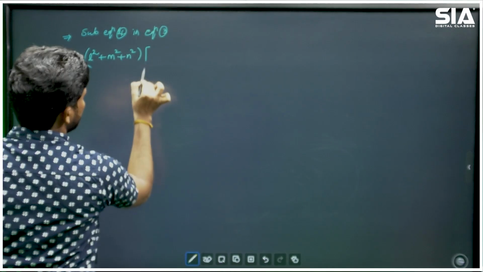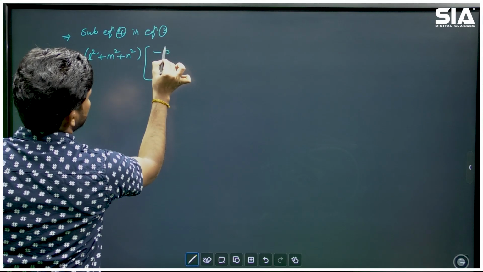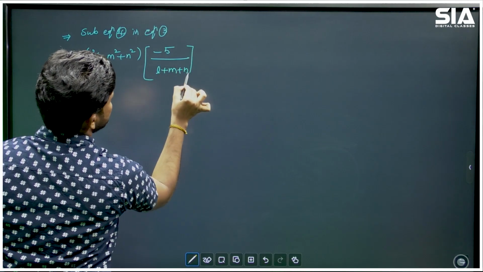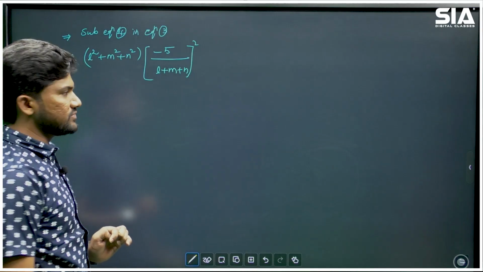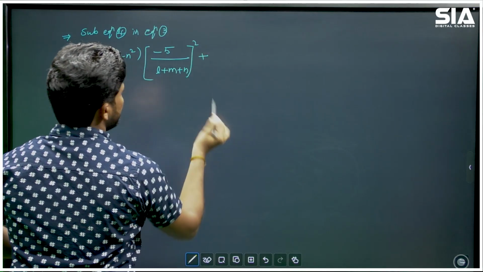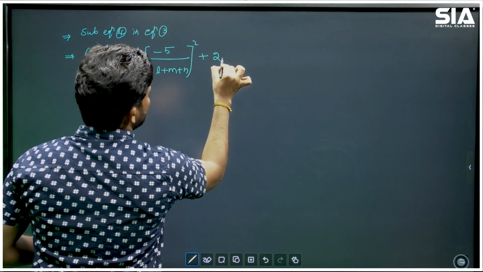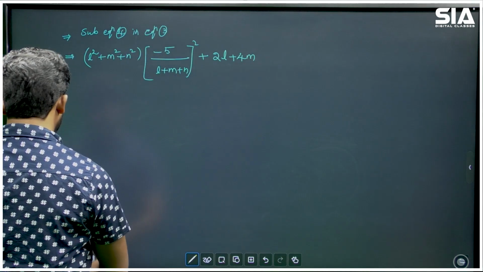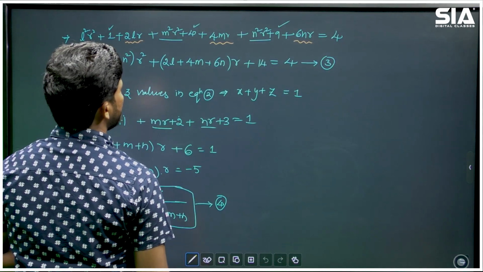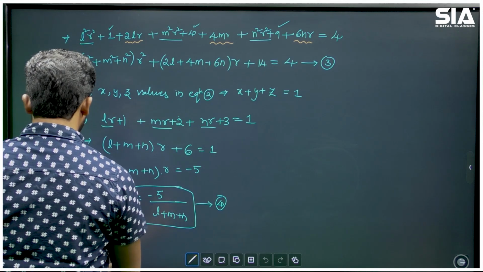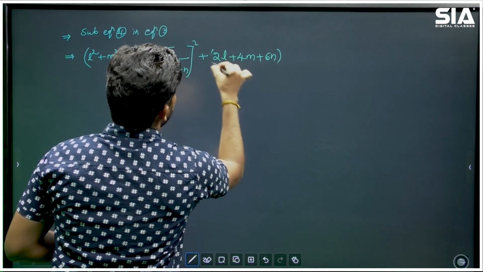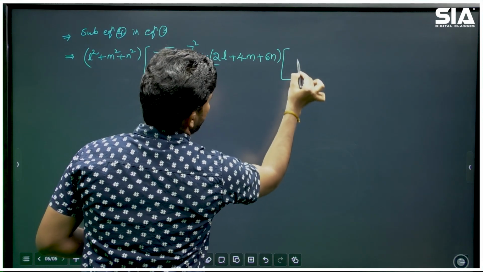R square means, what is the small r value? Minus 5 by (L plus M plus N) whole square. R square is there, minus 5. Next, the continuation of equation number 3: 2L plus 4M plus 6N into small r value. What is the small r value?